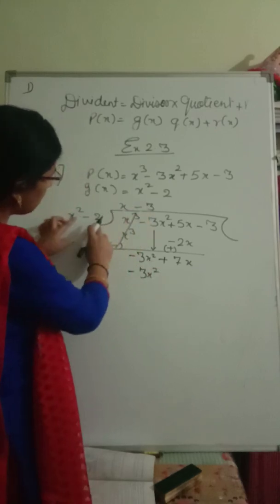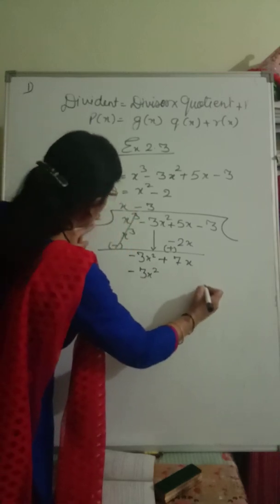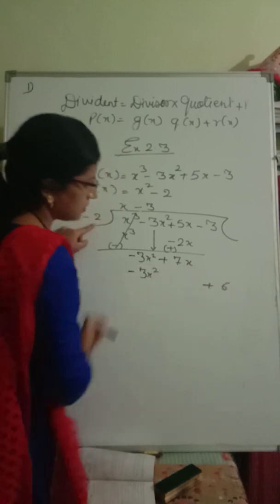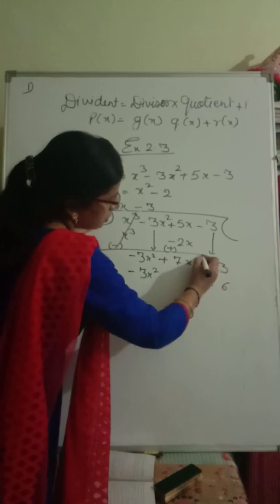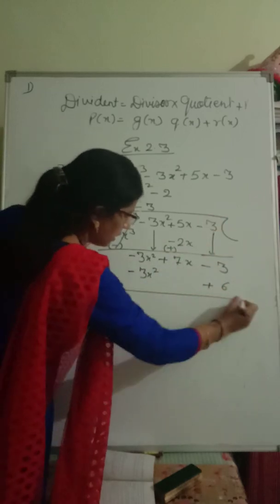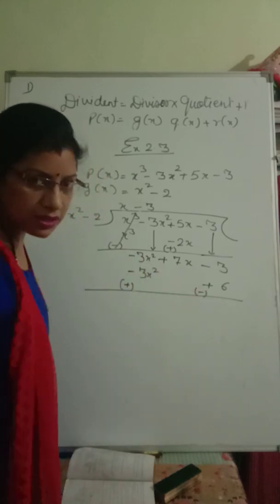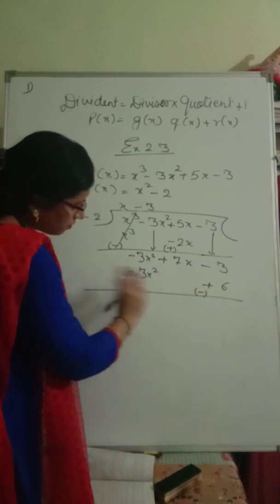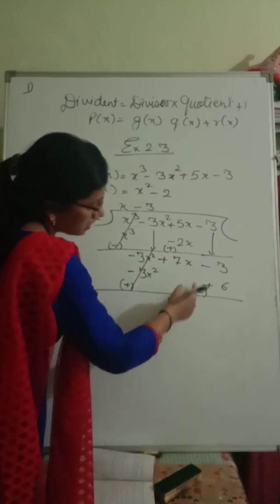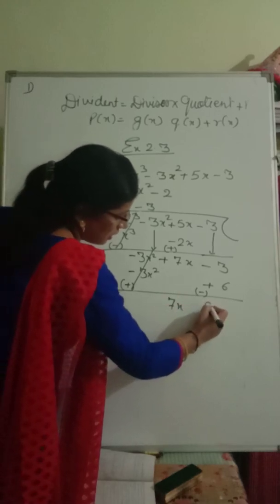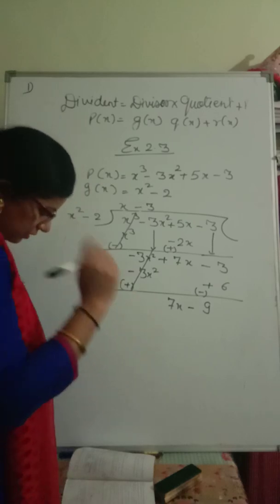Now this number should be multiplied by the other term also: minus 3 into minus 2 is plus 6. Since 6 is not here, we write it separately, plus 6. Now this minus 3 we just write out above it because it is a constant. Again subtract: minus becomes plus, plus becomes minus. Minus 3x square minus minus 3x square cancels out, plus 7x we write down, and minus 3 minus 6 is minus 9, with a negative sign because 9 is greater.